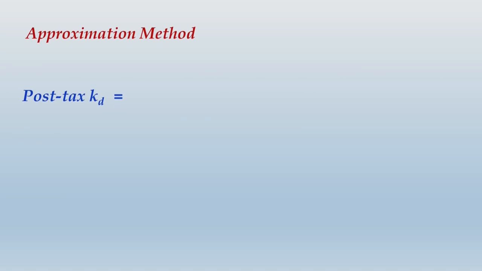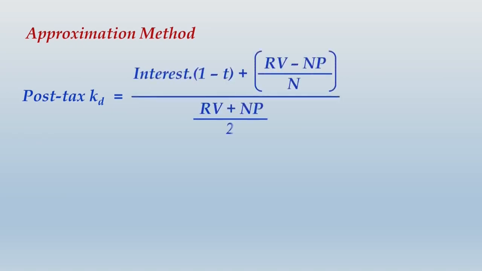Now here what we do is, post-tax KD can be directly determined by using this approximation method formula. The logic behind this formula I have partially explained, and you will understand it completely when we take calculative examples.